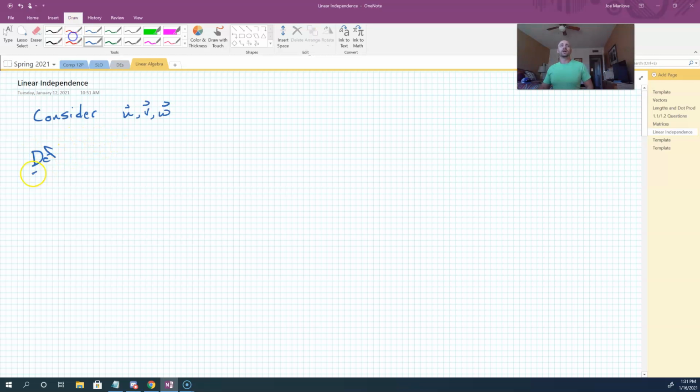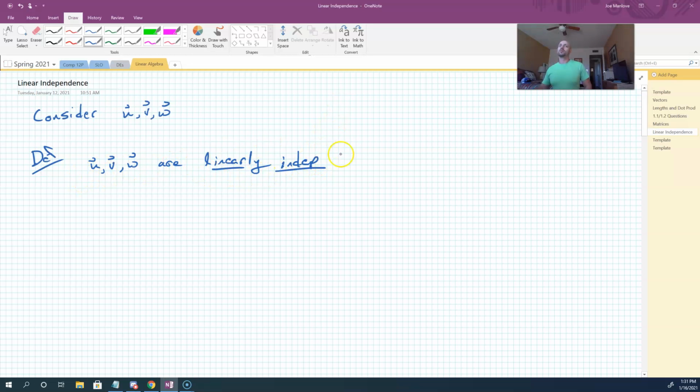So we're going to say that the definition of linearly independent, so we're going to say our vectors u, v, and w are linearly independent. Sometimes this is just said as independent. I'm not a huge fan of that, but it works.